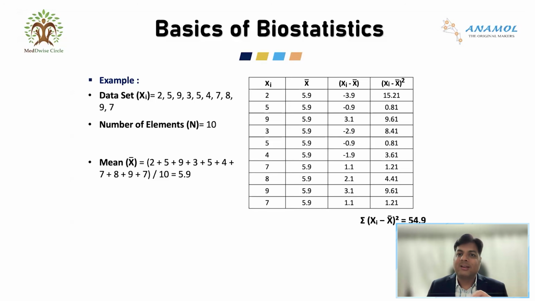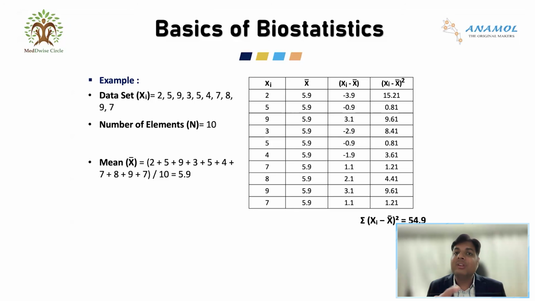The problem is that certain values are negative, minus 3.9, minus 0.9, and certain values are positive, plus 3.1, plus 1.1, plus 2.1. Now, if I add these values, the negative values will cancel with the positive values, and I will not get the real summation.